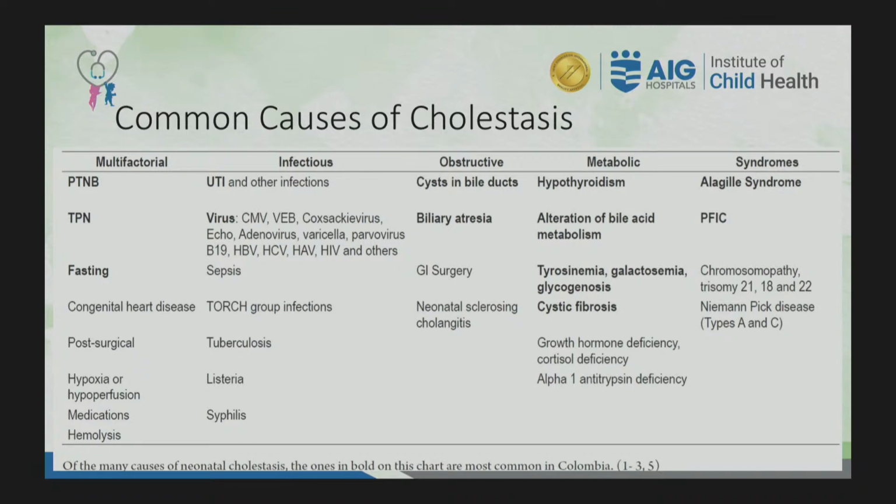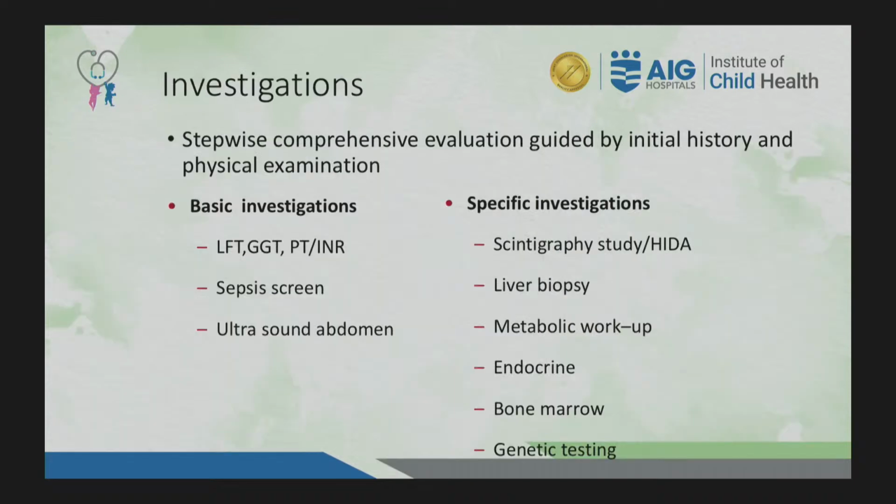In metabolic disorders: hypothyroidism, altered bile acid metabolism, tyrosinemia, galactosemia, glycogenosis, cystic fibrosis, growth hormone deficiency, cortisol deficiency, alpha-1 antitrypsin deficiency. Syndromes like Alagille syndrome and PFIC, and trisomy, Down syndrome, other Niemann-Pick diseases. All these are common causes of cholestasis in children.